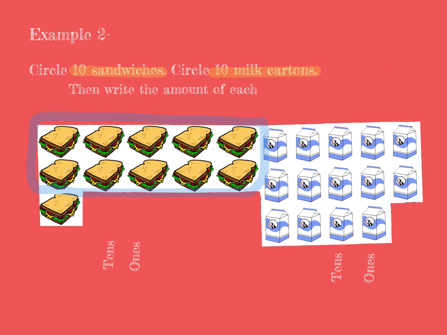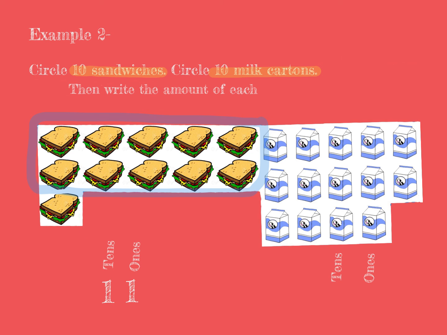So we put a 1 in the tens place. Now we count the rest. 1, so we put a 1 in the ones place. Therefore, we have 11 sandwiches because we have one group of 10 and one left.